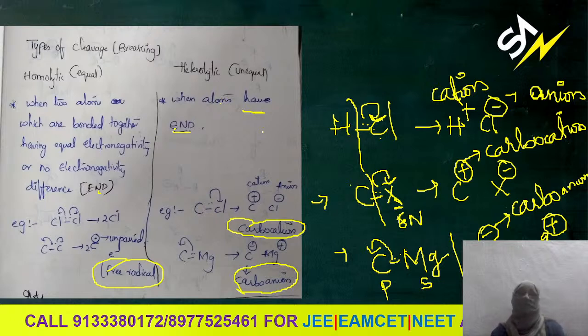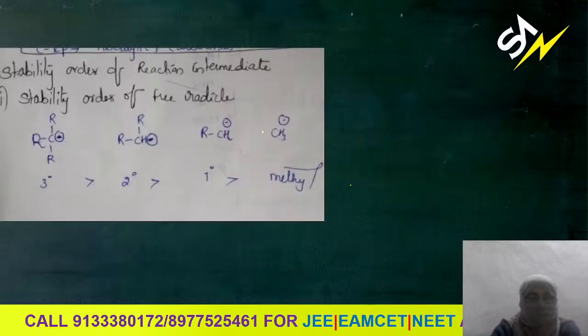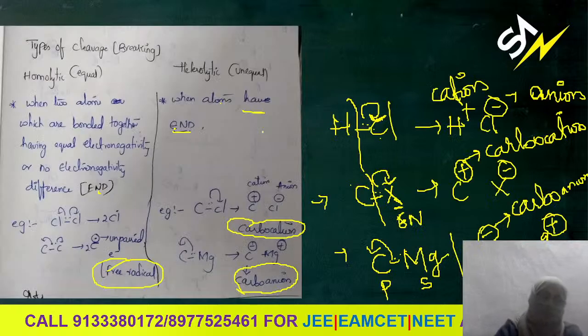Whereas if carbon is attached to an electropositive or electronegative element, the cleavage is known as heterolytic cleavage, and carbon can be a carbocation or carbanion depending upon electronegativity. So this we have finished about cleavage. I'm calling this equal cleavage because they are taking their own electron, and unequal cleavage because they are taking away the other's electron.